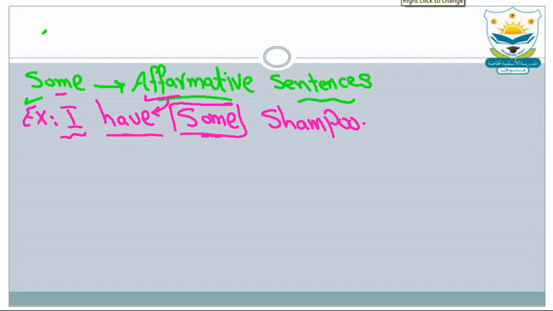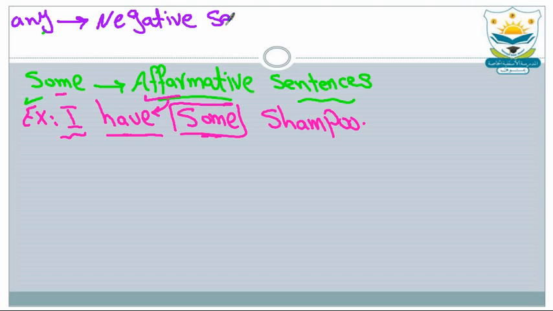See with me any. We use any with negative sentences. What's the meaning of negative sentences? Negative sentences means the opposite of affirmative.